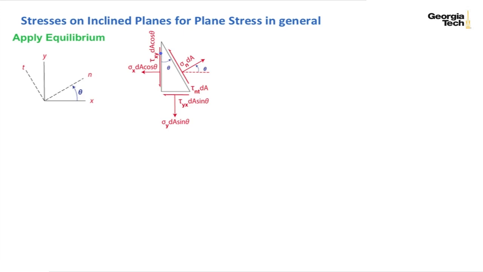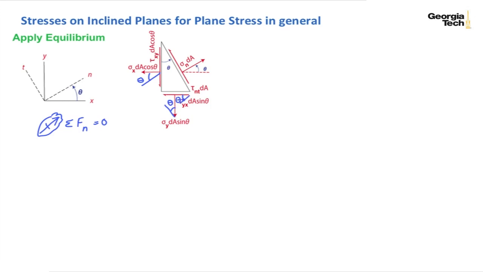Let's start by summing forces in the normal direction. I'll call up and to the right positive, and set that equal to 0. For purposes of summing these forces, I'm going to put the angles in here. By geometry, this angle is theta, and this angle is theta, and this angle is theta.